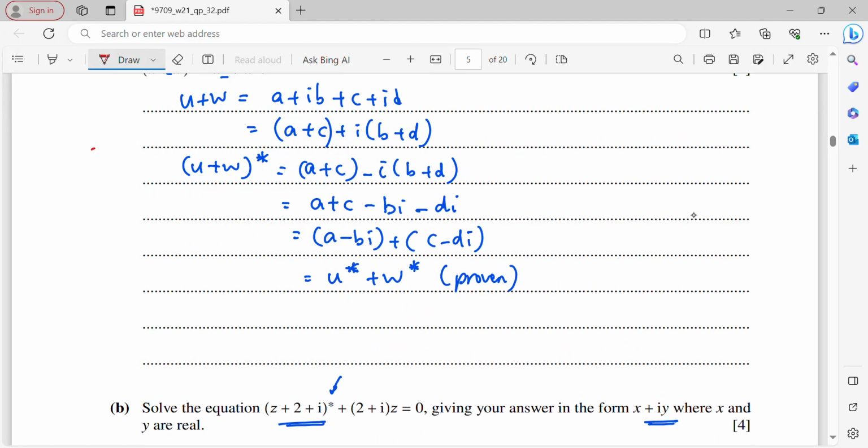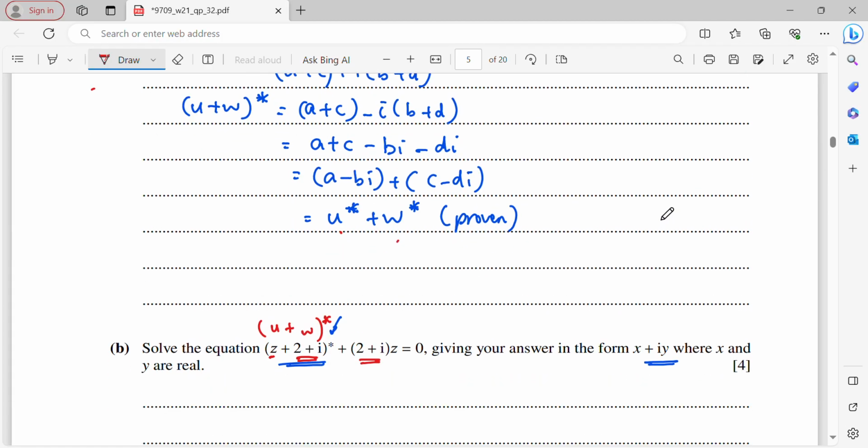So z is z here, with 2 plus i. I let z be the u, then 2 plus i be the w. That means this is the conjugate of u plus w, right? Then I can split it into u conjugate plus w conjugate.